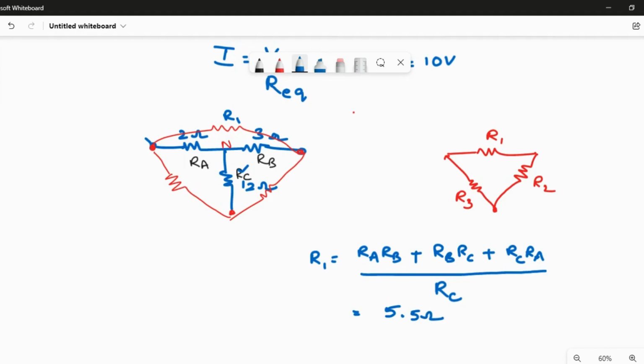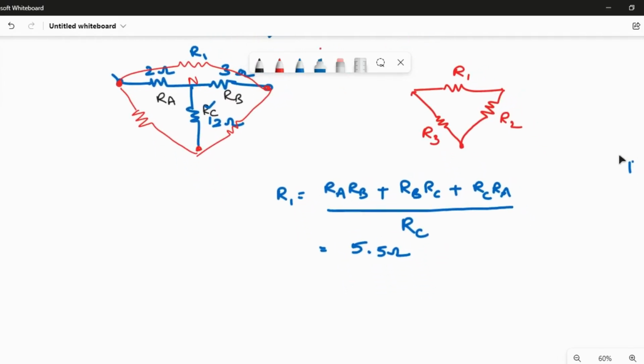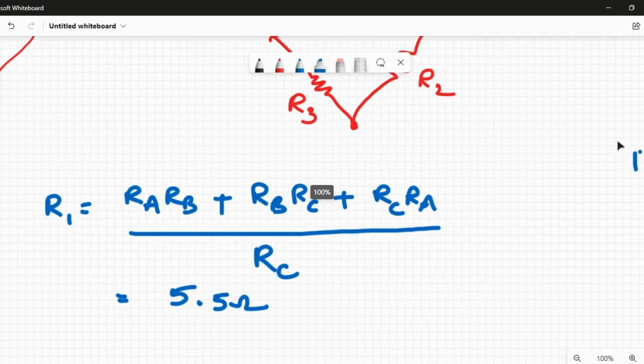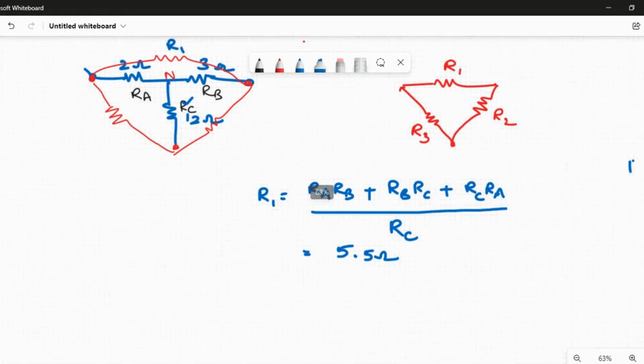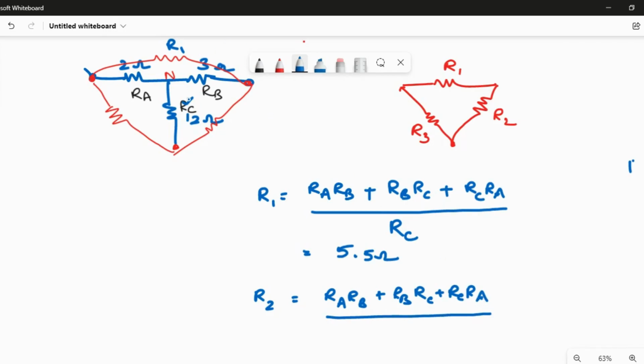Next, we have to find R2. Again for R2 also the numerator will be the same, RA RB, RB RC, RC RA. For all three resistors, the numerator will be the same. So where is R2?